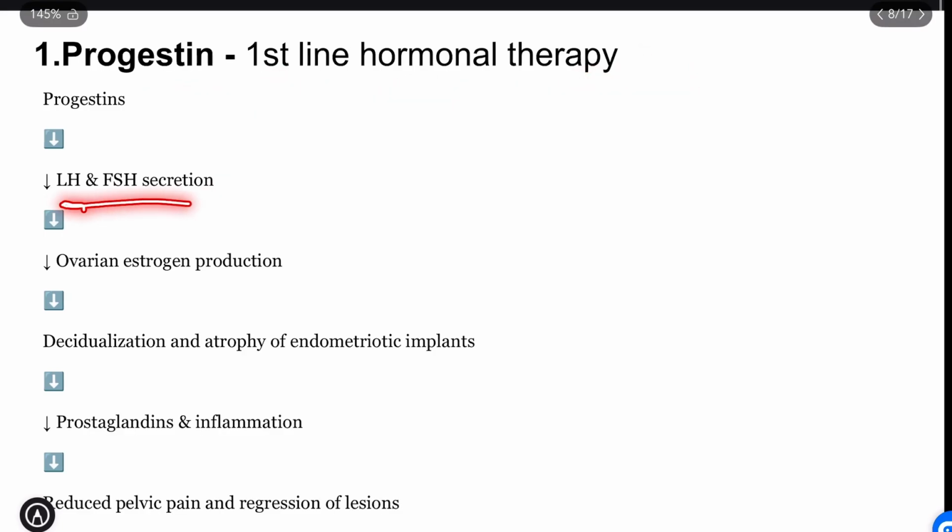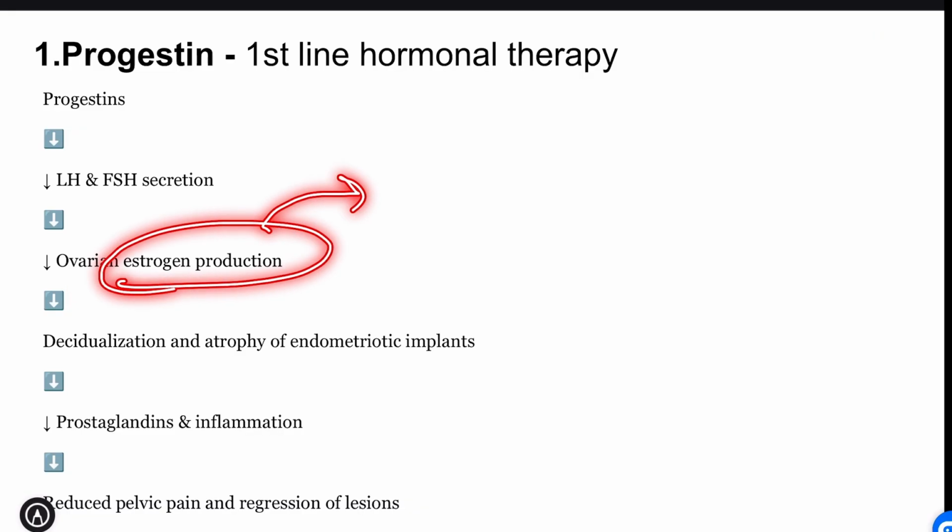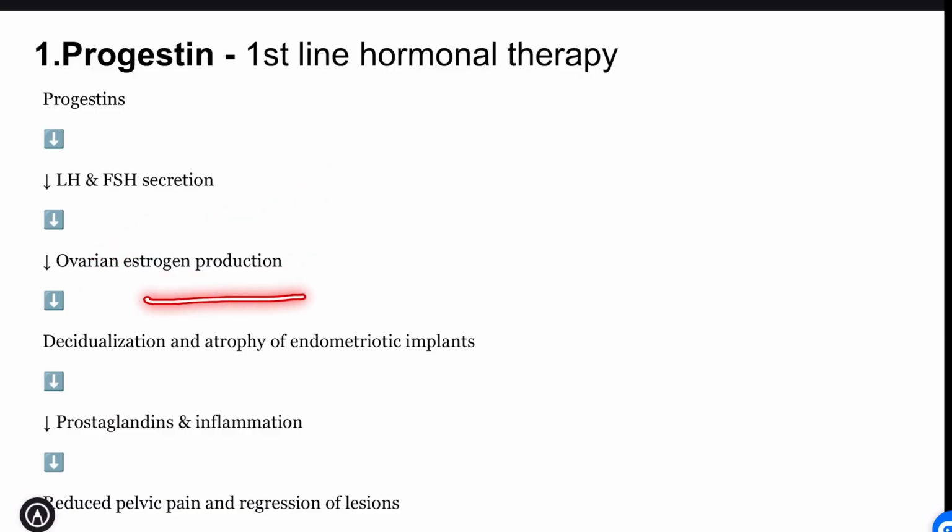Further, because there is decreased LH and FSH secretion, there will be decreased ovarian estrogen production. And we've seen that estrogen helps in the growth and proliferation of ectopic endometrial tissue.